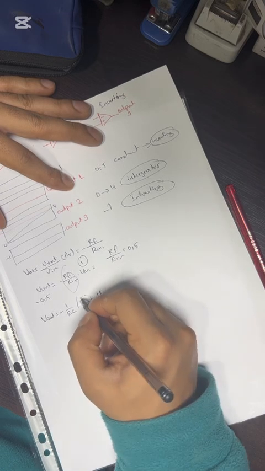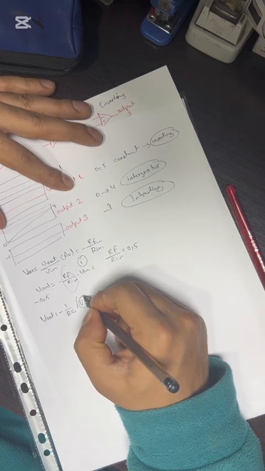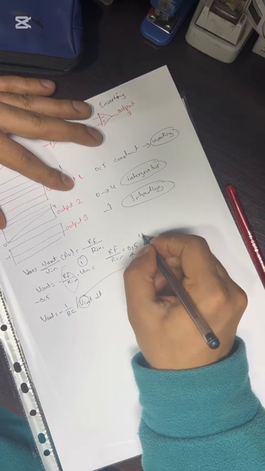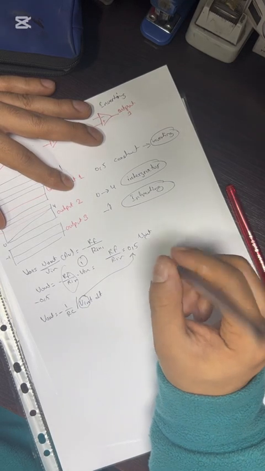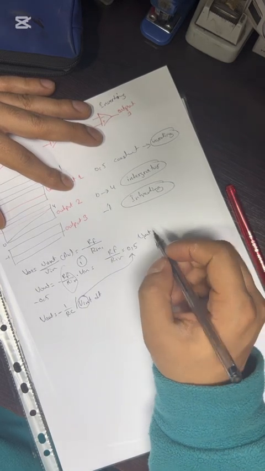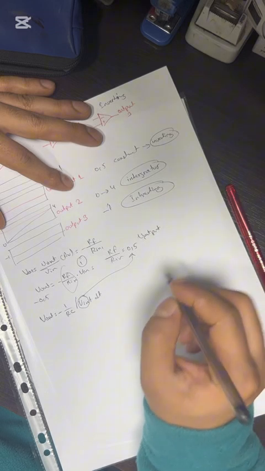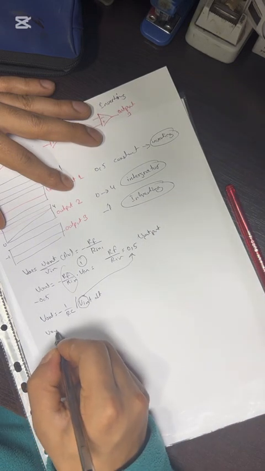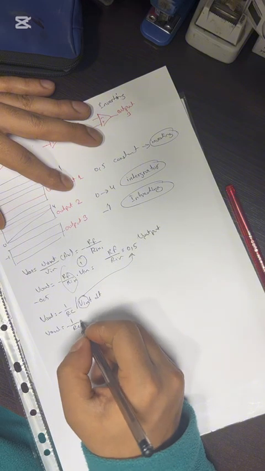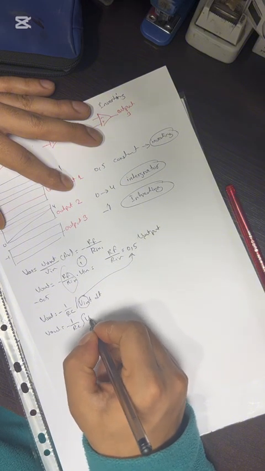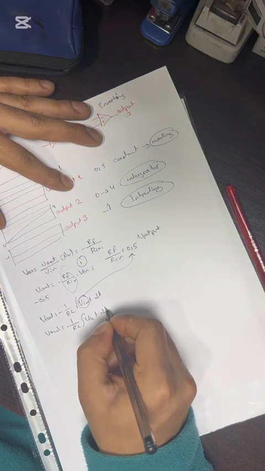So we can say our Vin must be equal to the V out of the first amplifier, V out 1. So V out is equal to minus 1 over RC times the integration of V out 1(t) dt.